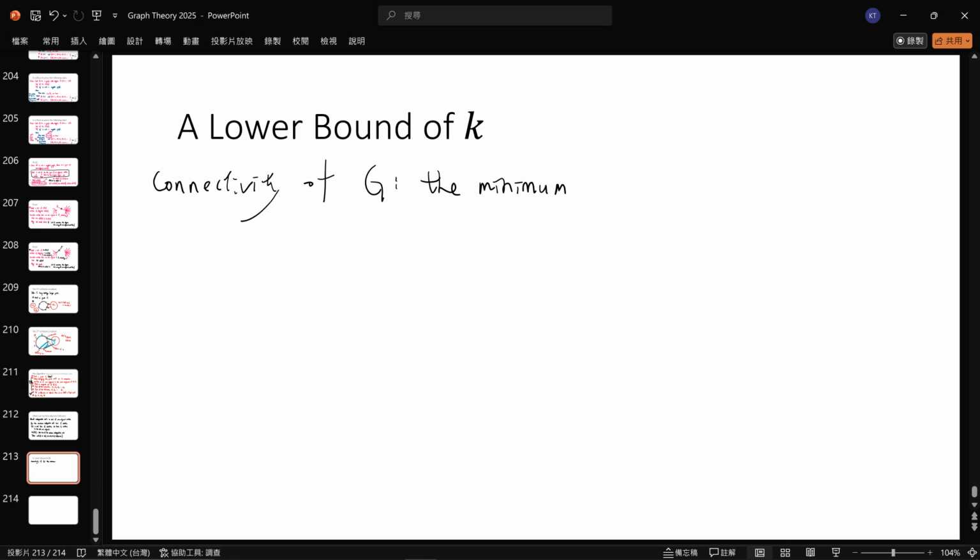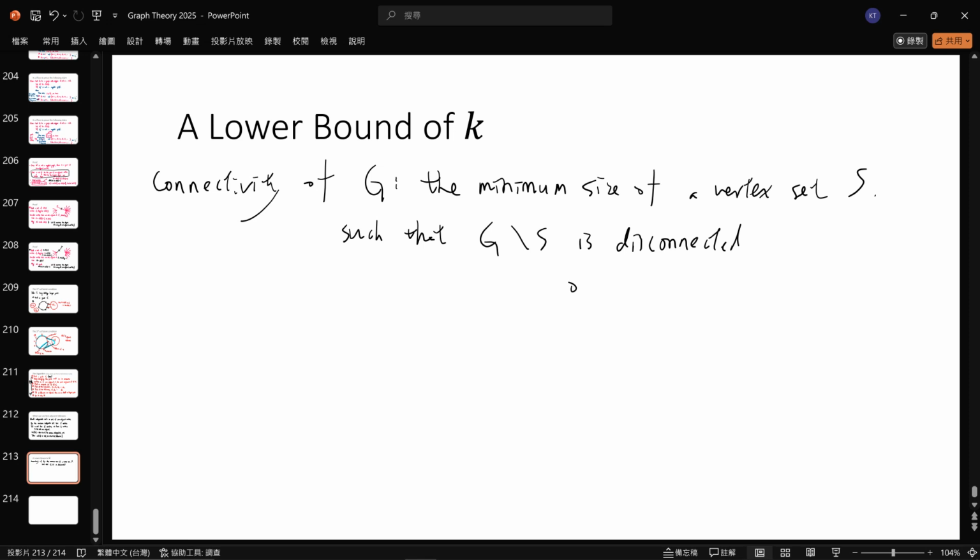So the definition is the minimum size of a vertex set, let's call it set S, such that G minus S is disconnected, or has only one vertex.